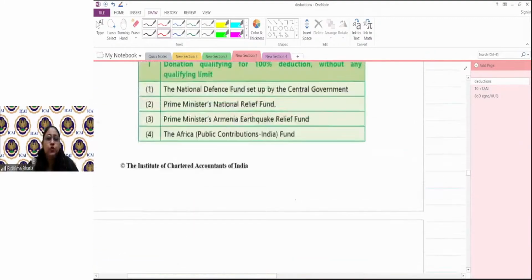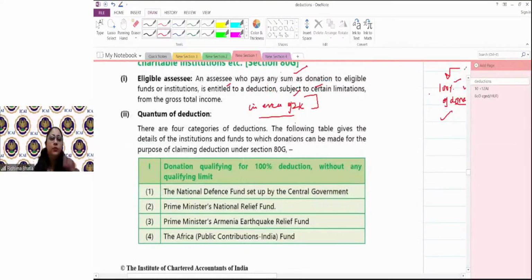So I will quickly show you some words here. It talks about National Defense Fund, Prime Minister National Fund, PMK is also there now. Just look at the words, okay? 100% category.